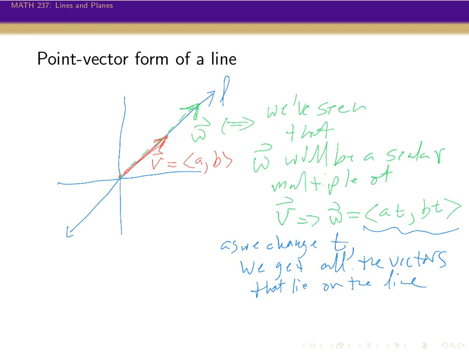And in fact, the components of at, bt correspond to the points on the line.